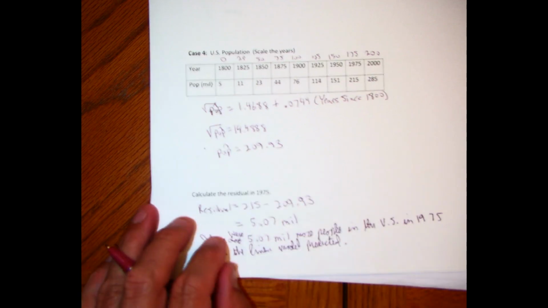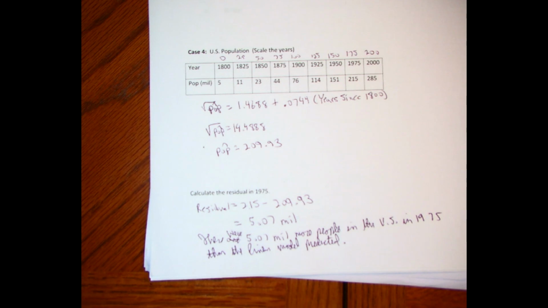Okay, so that's it for case 4. So sometimes when we're doing these, we don't get perfection, but we get something that works pretty well, and that was basically the case here.